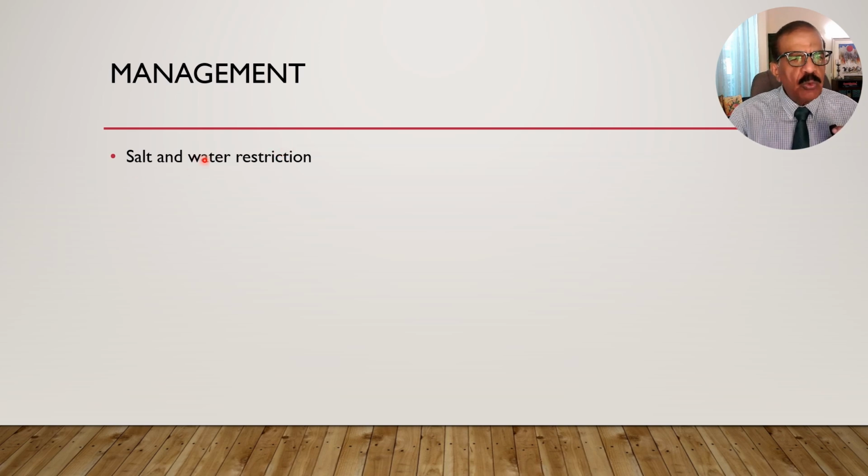So I would like to restrict salt by maybe 50% or if possible up to 75%. And once somebody restricts salt, water restriction will be easier. Of course, we have to give them the essential amount of water and salt, but since, as I told you, most of us are taking more than what is required, salt restriction is very important.